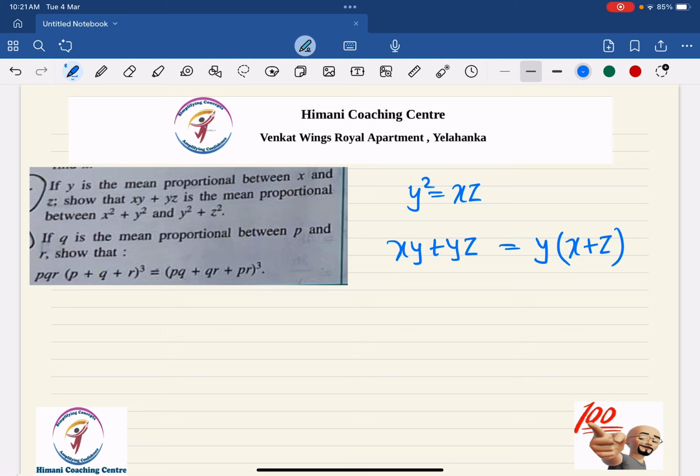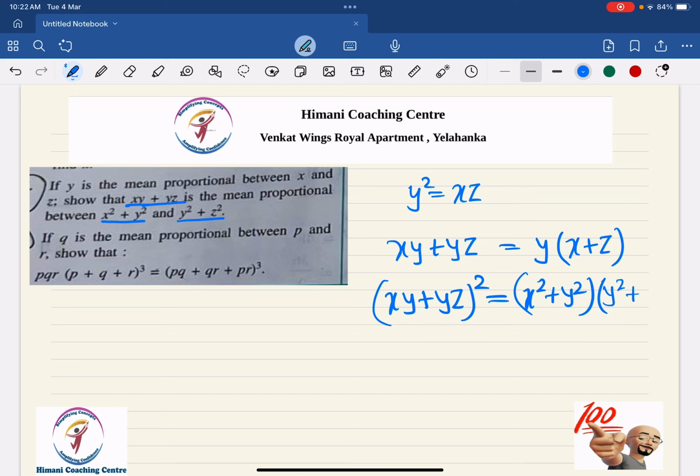So we have got xy plus yz as y times x plus z. Now we have to prove that xy plus yz is the mean proportional between this and this. So that means xy plus yz whole square should be equal to x square plus y square times y square plus z square. This is what we need to prove.